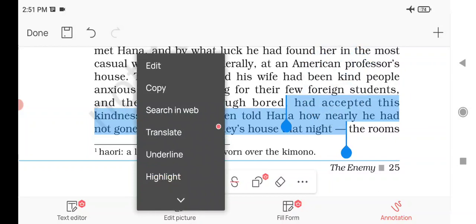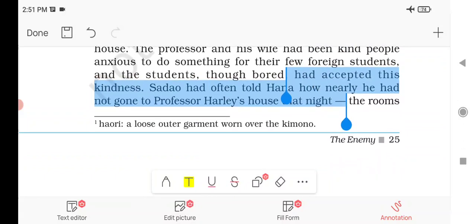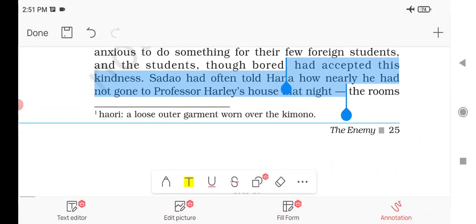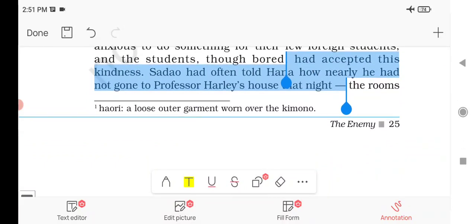Dr. Sadao shares this with his wife, the day they met in America. He was very close to denying the invitation, but he accepted. If he hadn't accepted, he wouldn't have met Hannah.